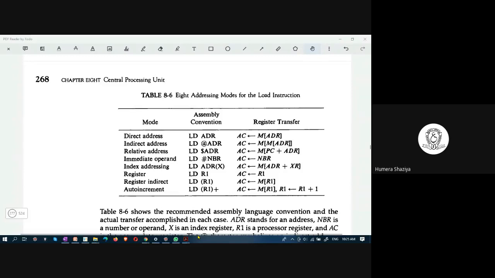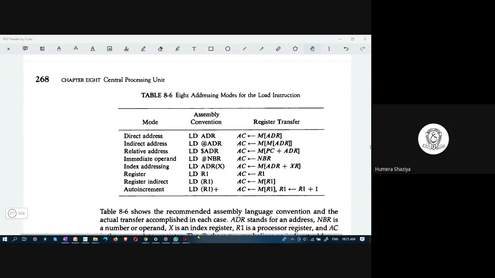First, M of R1, the memory identified by address R1, holds an operand that is transferred to the accumulator. Simultaneously, the R1 value is incremented, R1 equal to R1 plus 1.